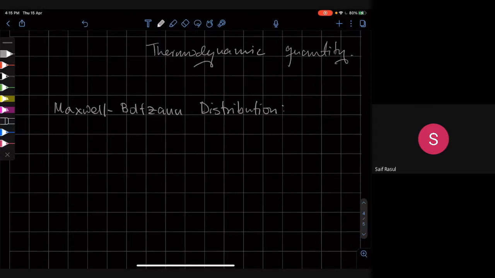It takes an ideal gas and tells you the distribution of the speed of the molecules or the atoms, right? This is interesting because you're using statistical mechanics to describe the distribution of microscopic quantities.